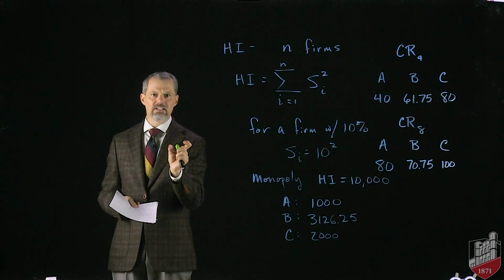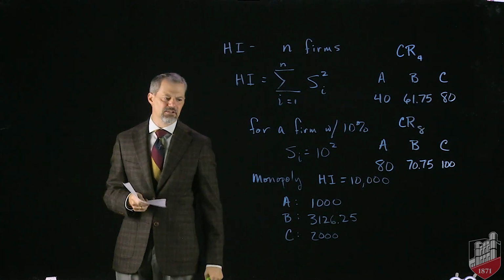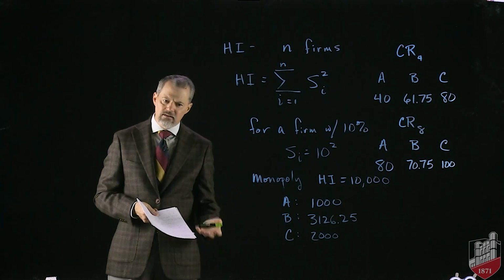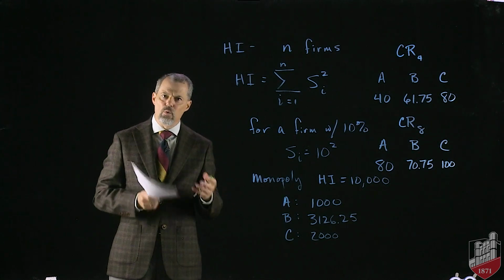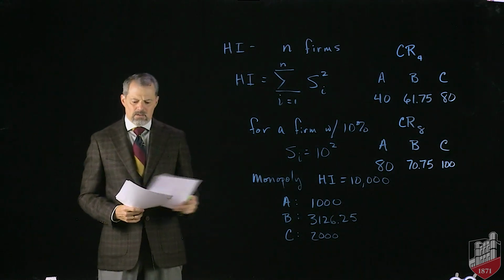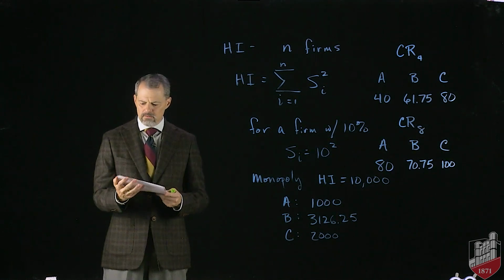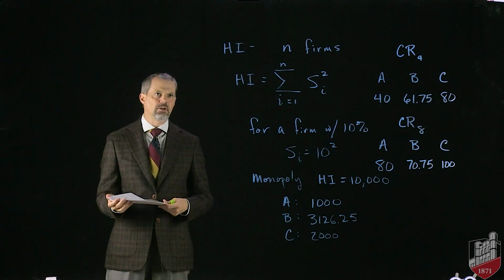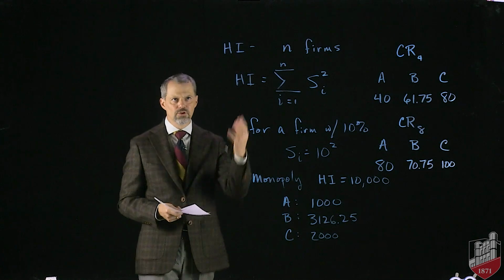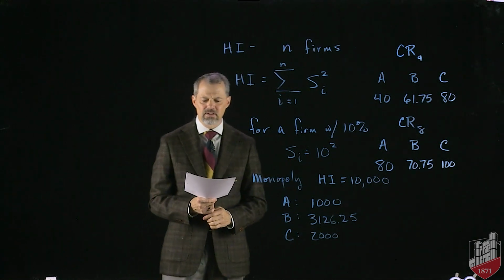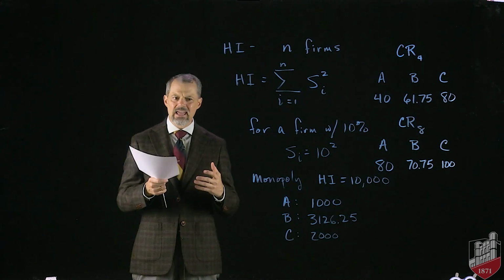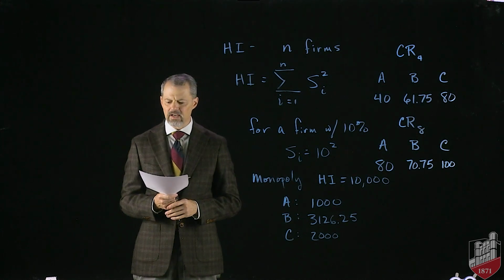And if you had one team that's won a huge share of the championships over time, then that is a very similar idea to one firm that has a very large market share. Usually, if we had to choose between the Herfindahl-Hirschman index and the concentration ratios, we would choose the Herfindahl-Hirschman index simply because it's giving you a measure of both firm size and inequality of size.